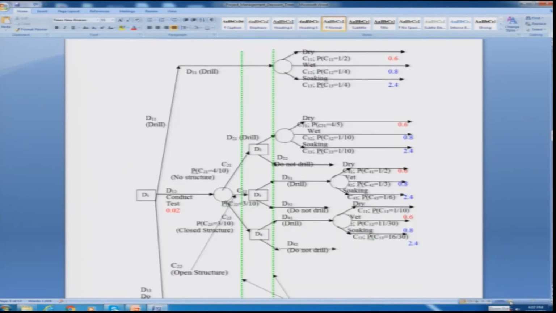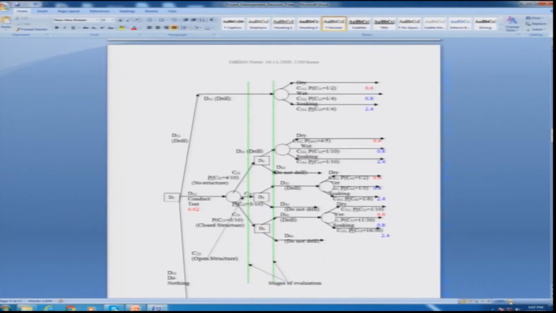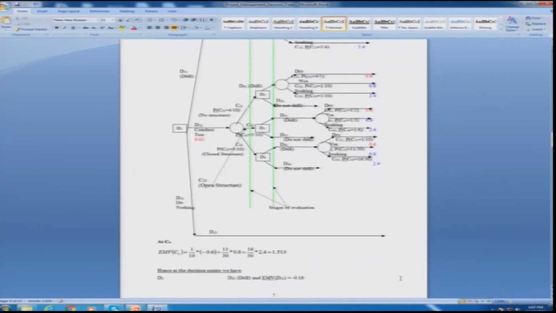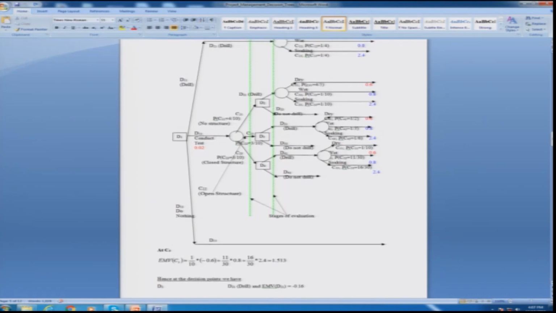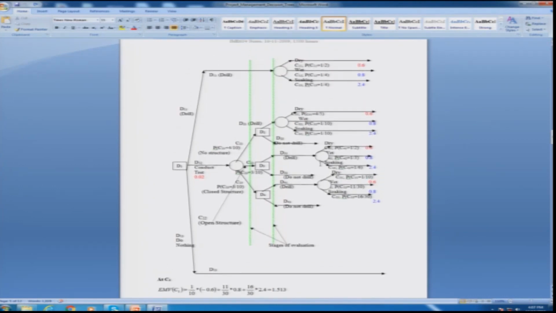Let me reduce and zoom in. If you zoom in, just concentrate on the diagram as such. So, this is the overall diagram which I have, where I am moving my cursor. It means that these values, dry, wet and soaking, are the structures which I have discussed.